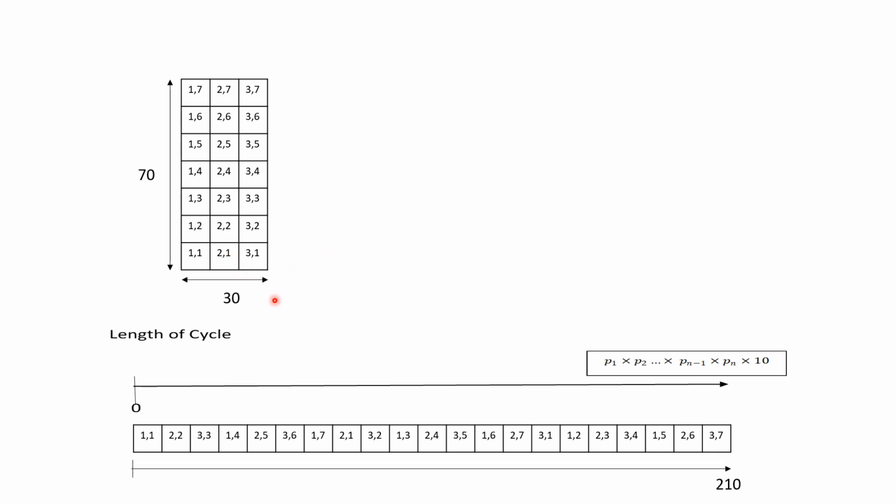But they don't go in this order. The order that they take in the real number line that goes from here, from 0 to, in this case, 210, it goes like this. Let me see. It really goes like this. It goes in diagonals, right?